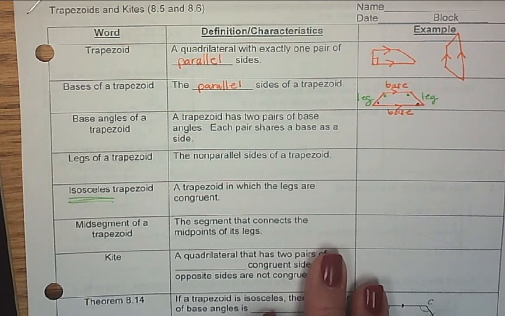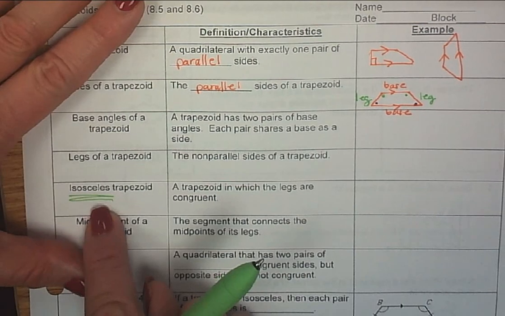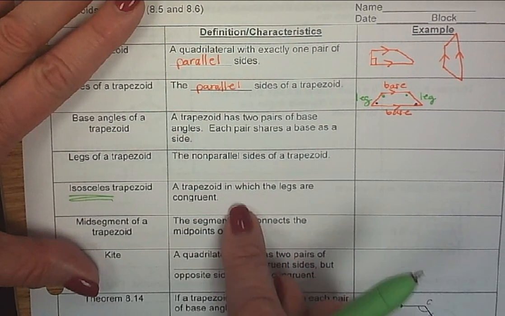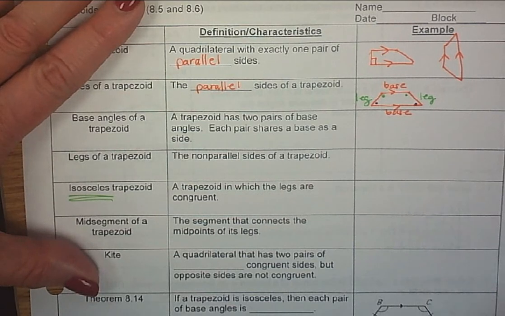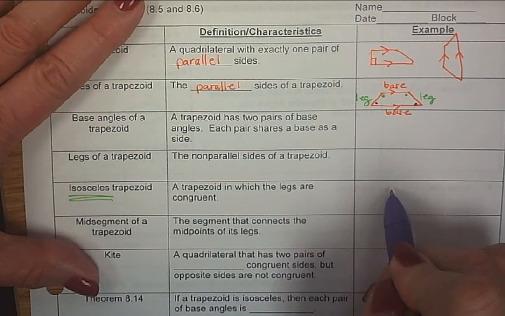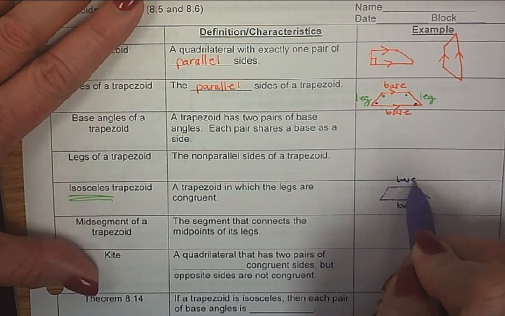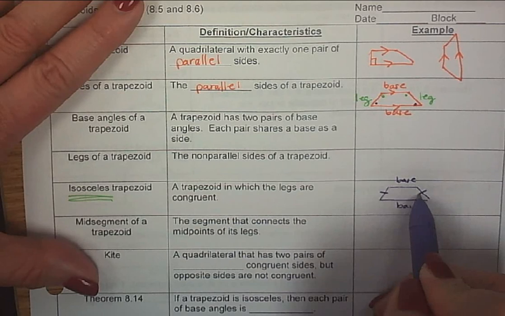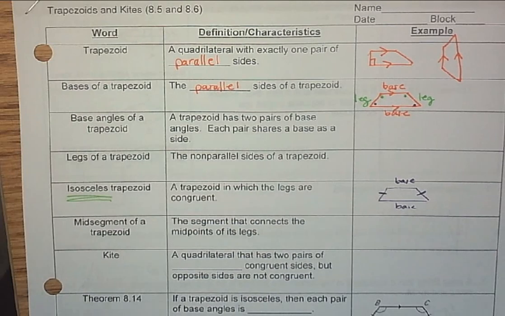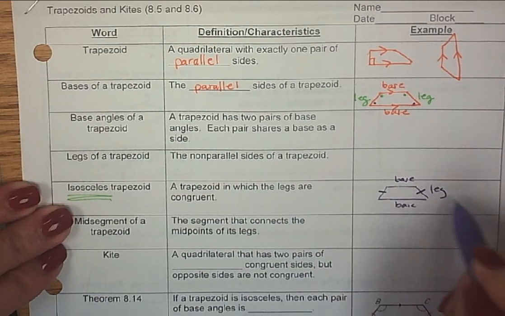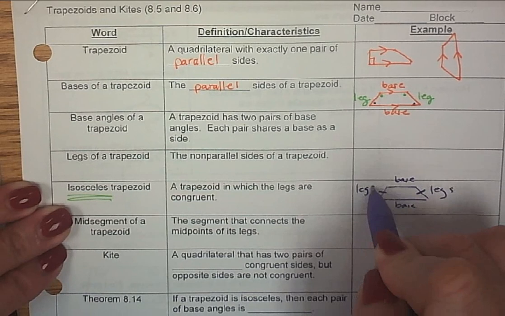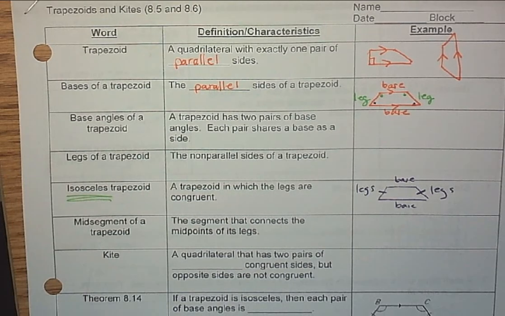So when I have my little trapezoid here, and I have my base here and my base here, on an isosceles trapezoid, my legs are congruent. Now, because my legs are congruent, just like in an isosceles triangle, my base angles become congruent. You're going to see all that stuff start happening. That's all my theorems.